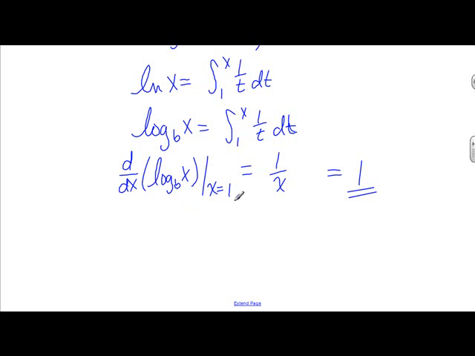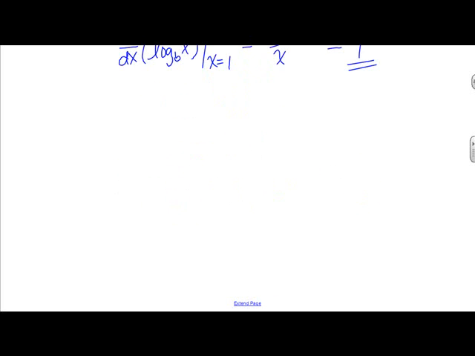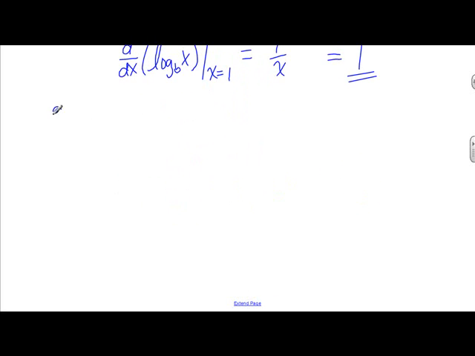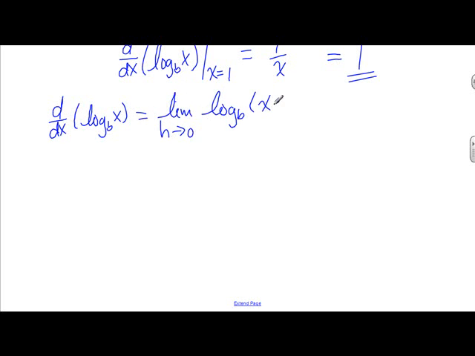Now let's come at this derivative from a different direction. If I'm going to differentiate log base b of x, that could be found by taking a limit as h approaches 0 of log base b of x plus h minus log base b of x, all divided by h.